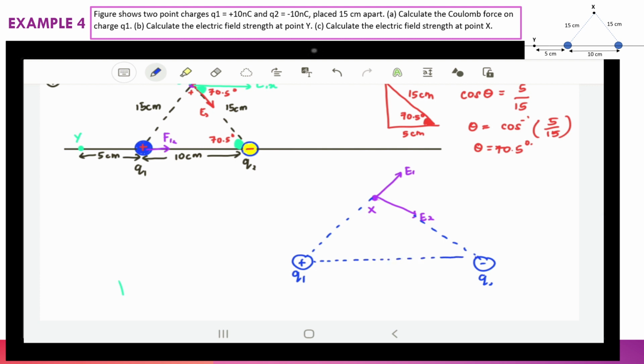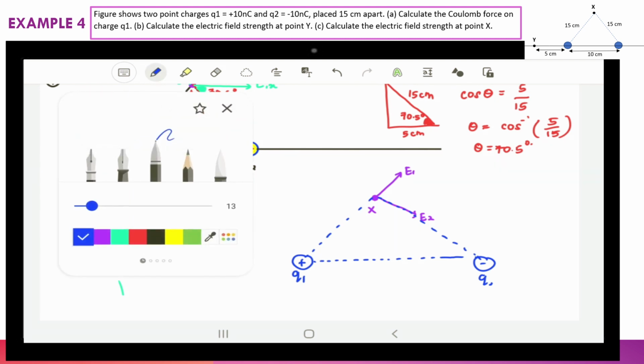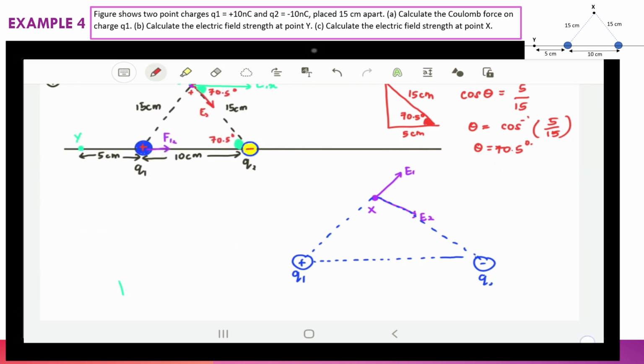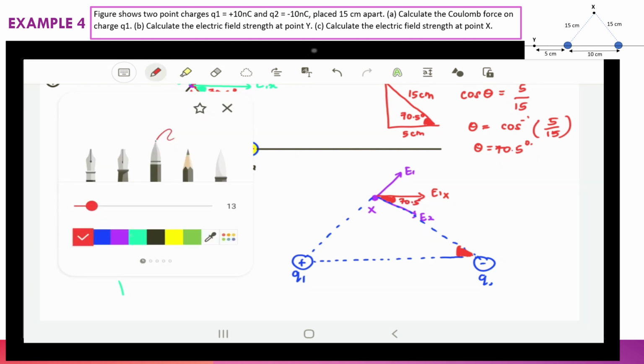You can see we have a triangle here, and the angle is 70.5. So in this direction, E1x, if here is 70.5, here also 70.5. Same goes to this one.